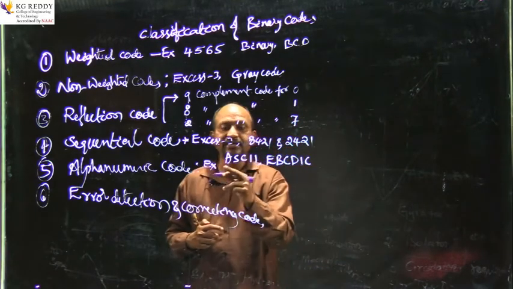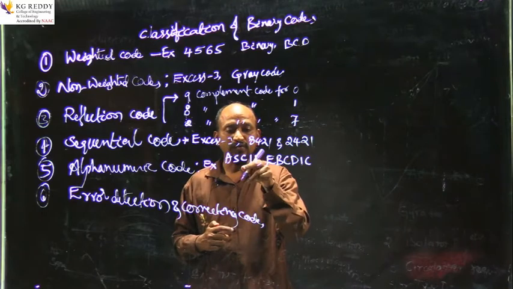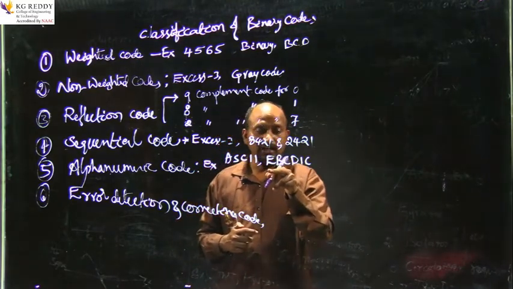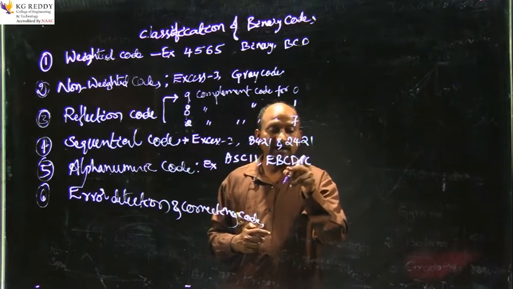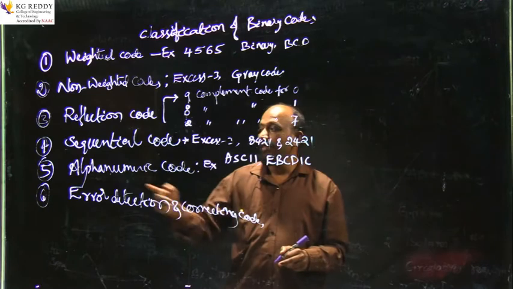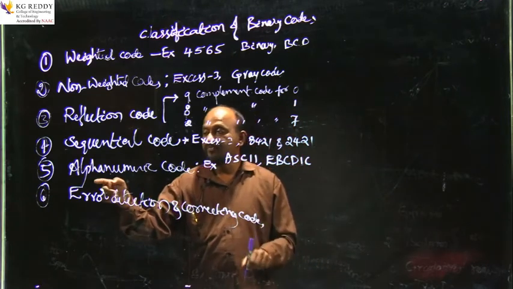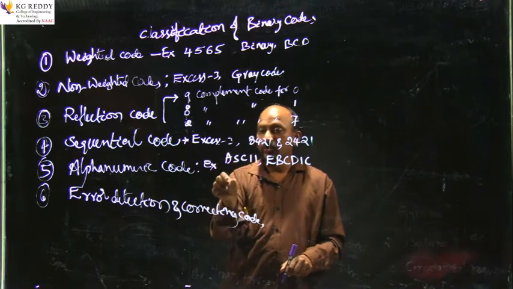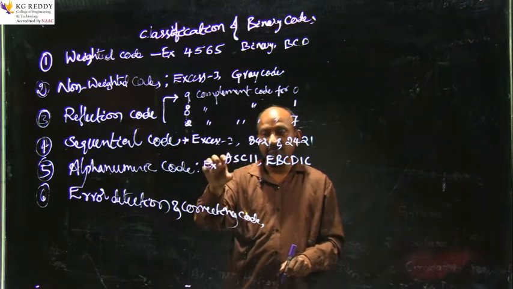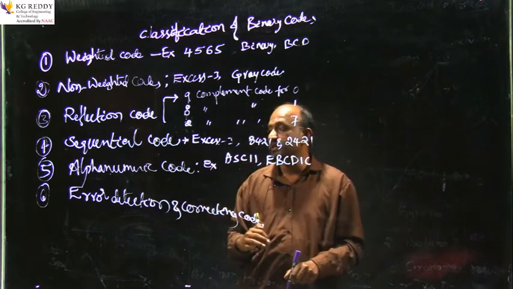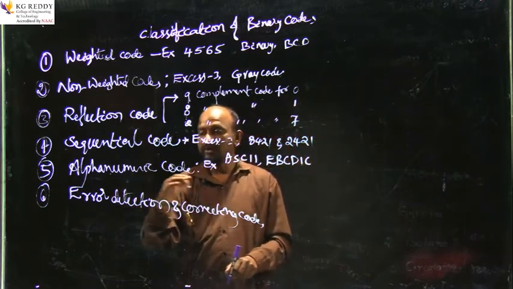Okay, here: American Standard Code for Information Interchange and Extended Binary Coded Decimal Interchange Code. These are the codes that come under the alphanumeric codes. In this, the code has a combination of alphabetical characters and numbers. So such types of codes come under the alphanumeric codes.